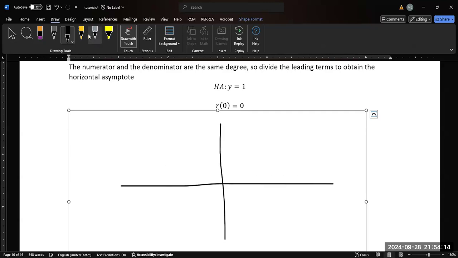So we have a vertical asymptote at -3, and I have a horizontal asymptote at 1.